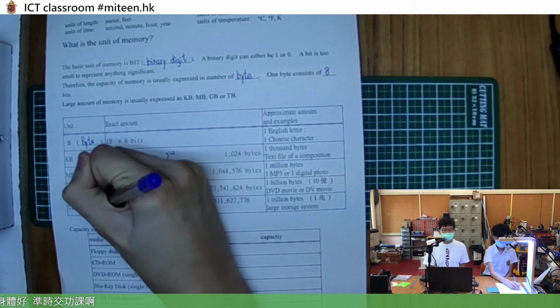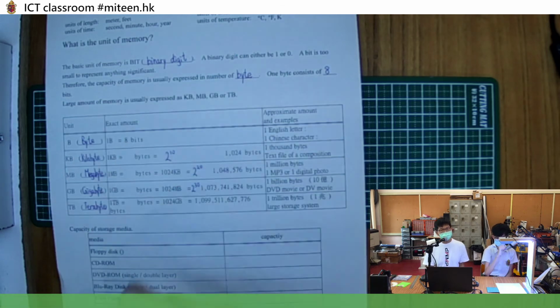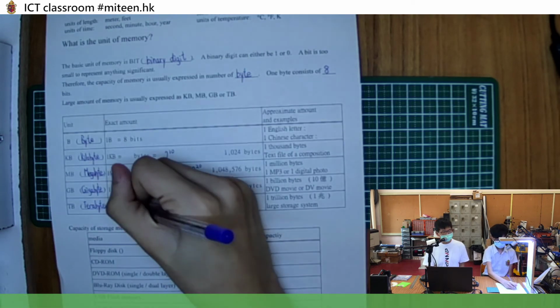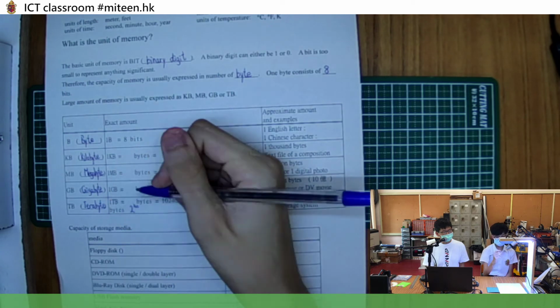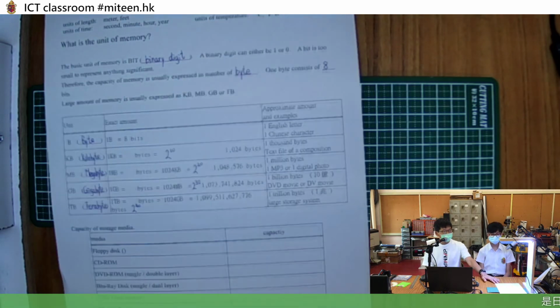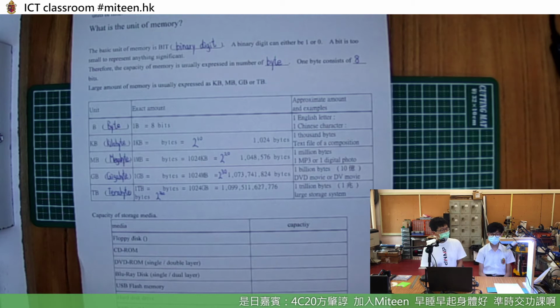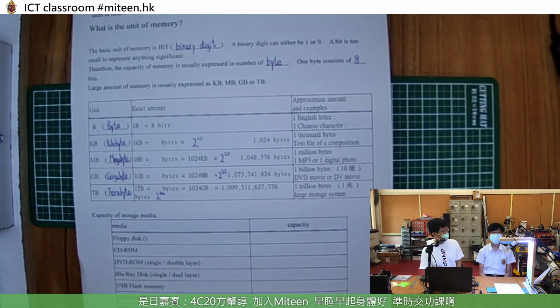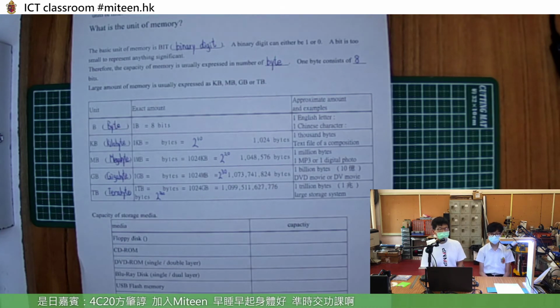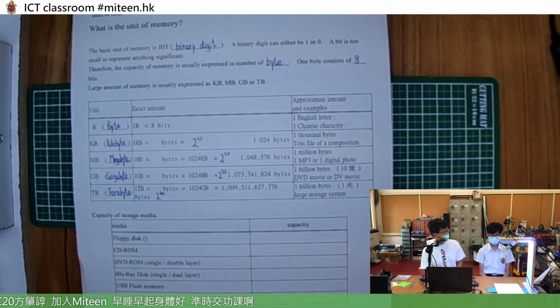Yes, this is a real big unit. You see this common ratio 1024 between each prefix. It can be computed by 2 to the power of 10.